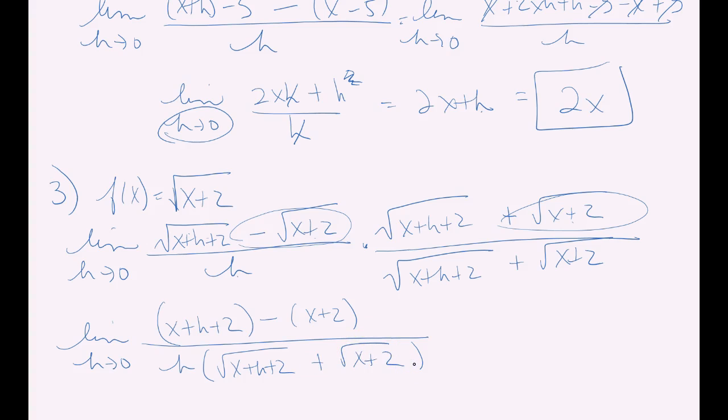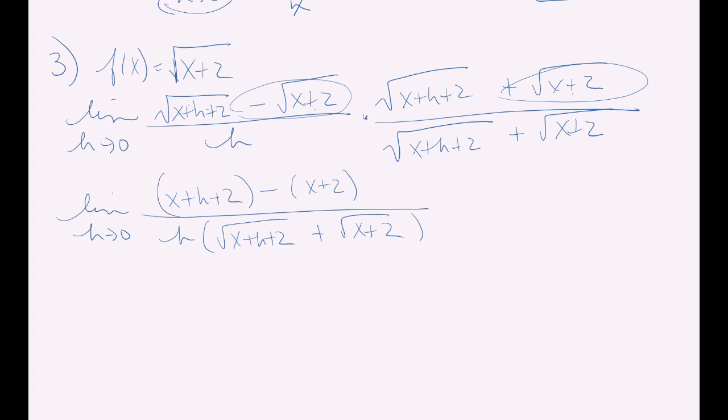And now what do? Now we simplify. x minus x, well that's gone. h is still there. 2 minus 2, that's gone. So we're just going to have an h over all of this. And I think some of you, if you did this right, you already know where I'm going. Those cancel.